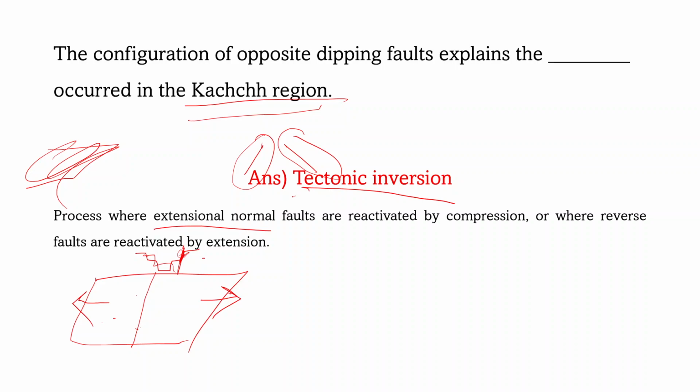So that is tectonic inversion. Or just the opposite can also happen, where reverse faults are reactivated by extension. Inversion means something which is happening by one phenomenon is, in this case, happening by just the opposite phenomenon. So extensional normal faults reactivated by compression, or compressional reverse faults reactivated by extension.